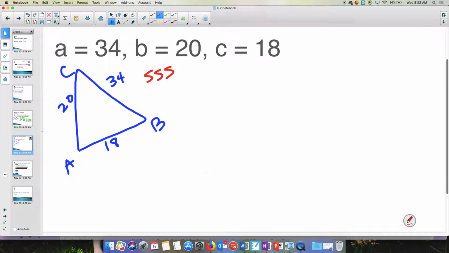Okay. When we have all three sides, that means we need to find an angle using the law of cosines. Okay? And this is probably where the law of cosines is the most annoying because of the way we have to solve it. When we had side angle side, solving for that third side, we just plug and chug. Okay? Here we have to be a little bit more careful.